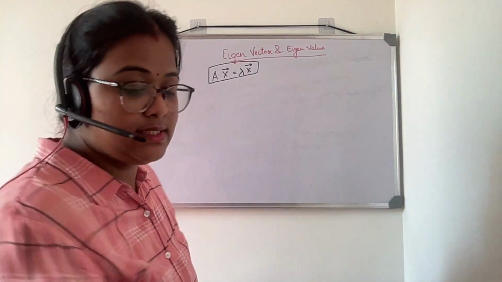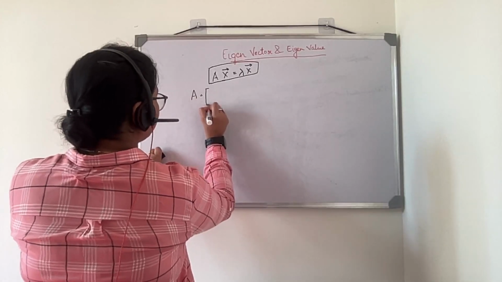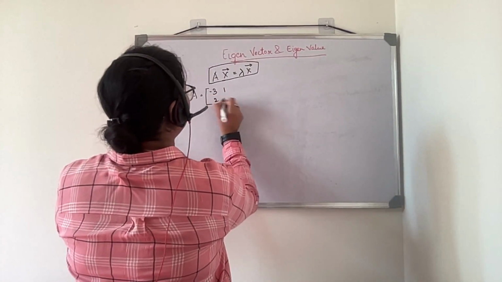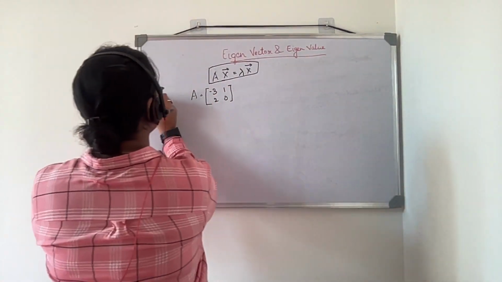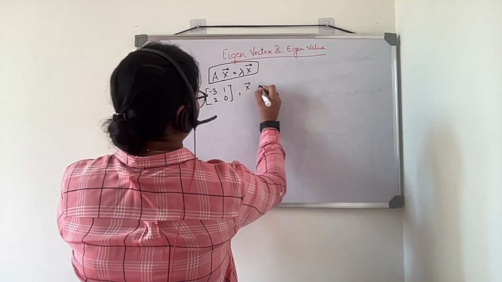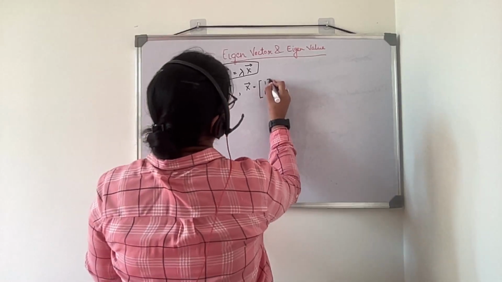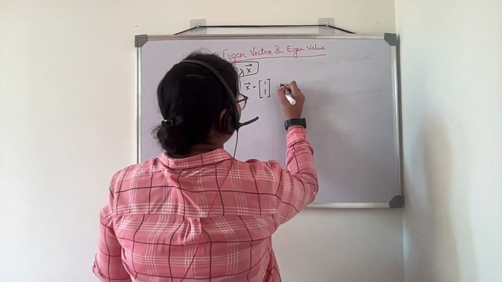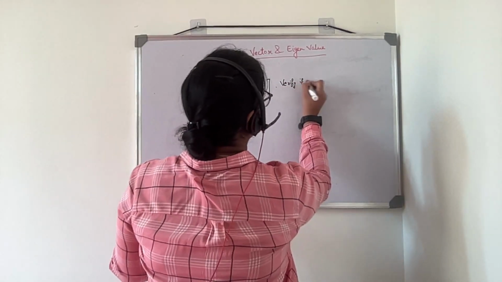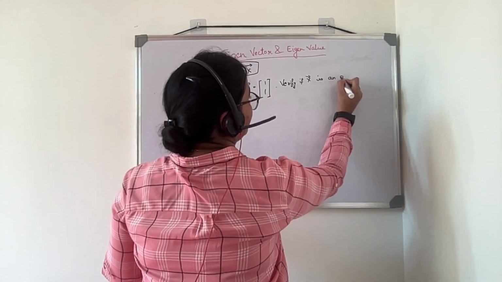So let us see an example where A equals the given matrix -3 1, 2 0, and the eigenvector given is 1 1. So the first question is: verify if x bar is an eigenvector.